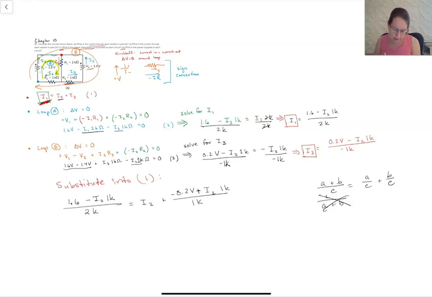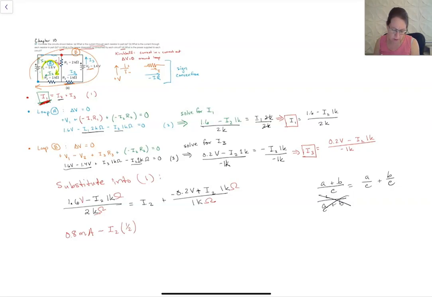So 1.6 divided by 2 kilo, this is volts, and this would be kilo ohms, right? I'll go ahead and keep my units in here. 1.6 divided by 2 would be 0.8, and then since I'm dividing by kilo, that's milliamps, minus now I2 times a 1/2, because the kilo ohms cancel out on the second term.